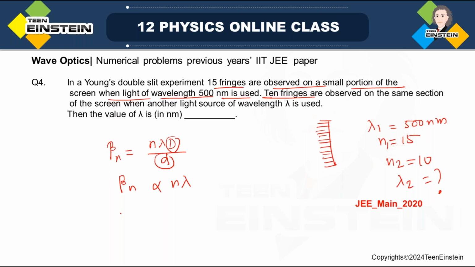Okay, so beta total. I can write the length of the screen like this. Suppose 15 beta, 15 into beta.